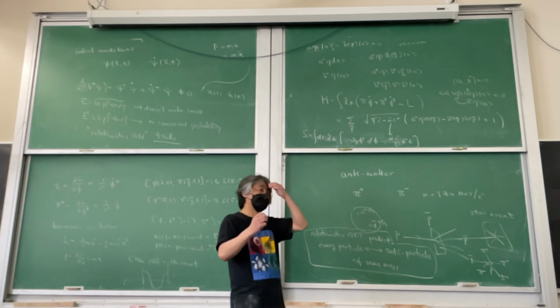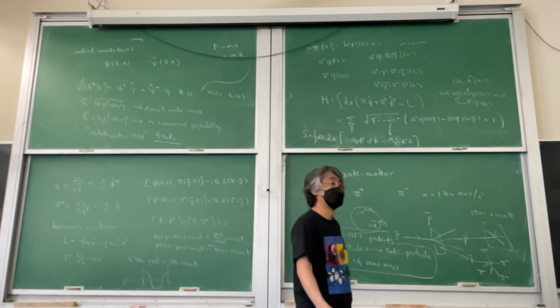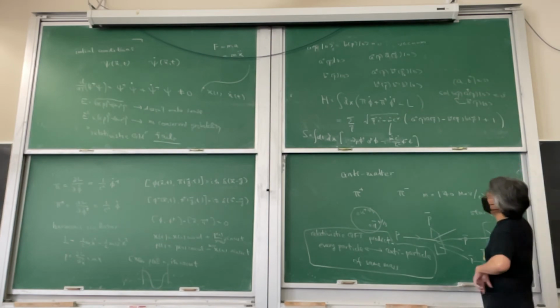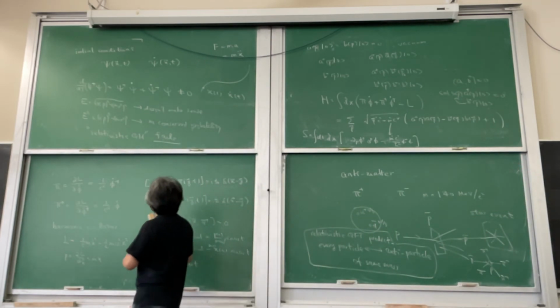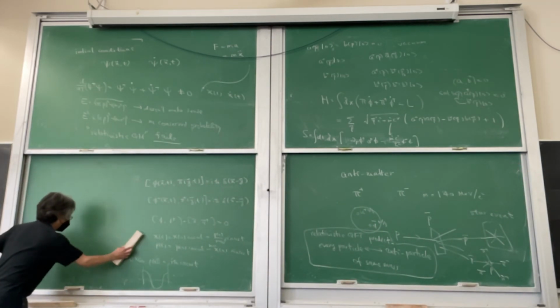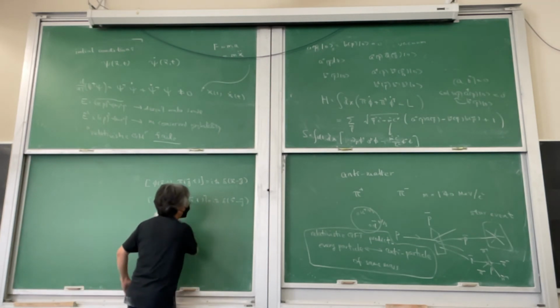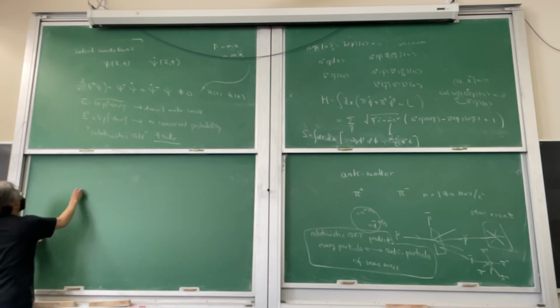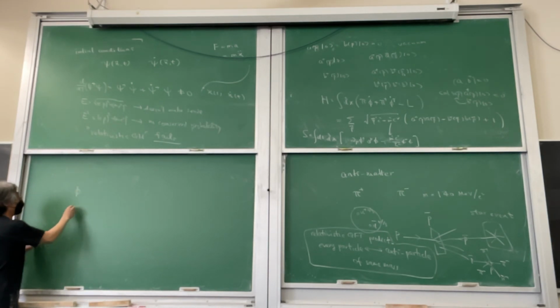Yes? So if we add interaction terms to the Hamiltonian, is that enough to see the annihilation, or do we have to couple it to another field? You have to couple it to another field. So for example, suppose you have field phi and another field capital phi.